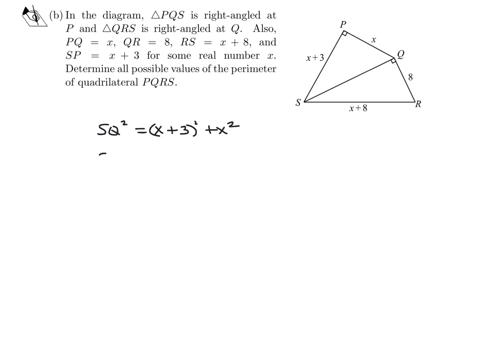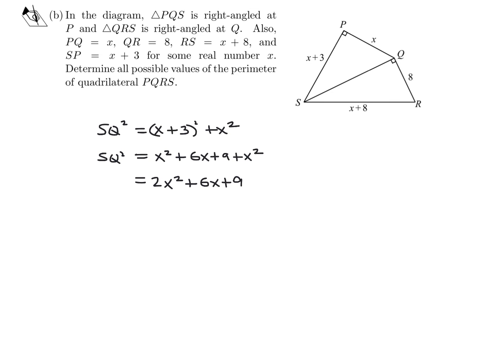So SQ squared, if we expand this, is x squared plus 6x plus 9 plus x squared, and that's going to be 2x squared plus 6x plus 9. Got it? Okay. And then we have to figure out the value of x, actually.